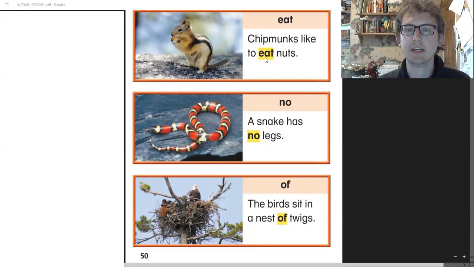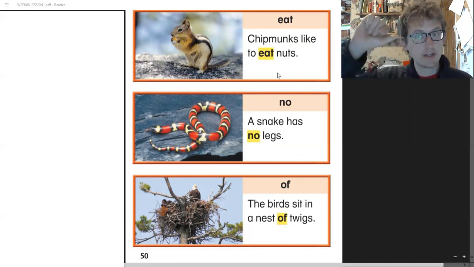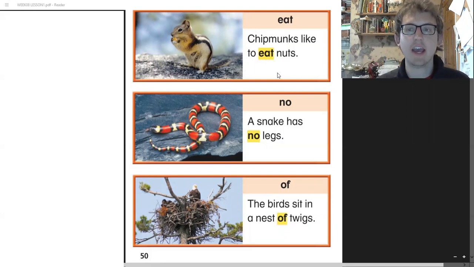Chipmunks like to eat nuts. So the chipmunk takes a nut and goes, nom, nom, nom, nom. All animals, even you and Teacher Jarrett, have to eat food, right? Here's a chipmunk, it eats nuts for food.